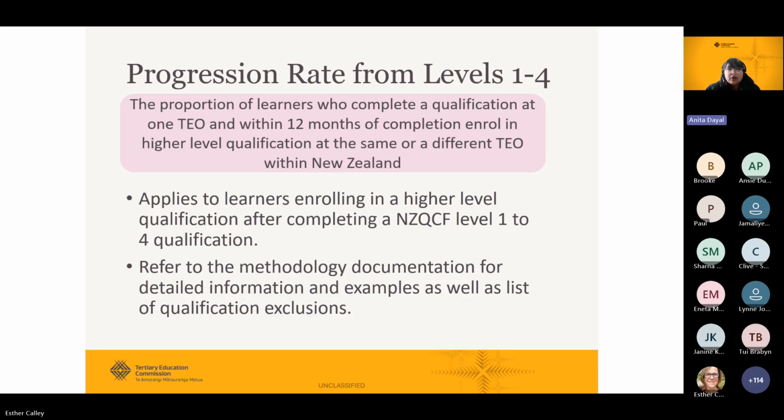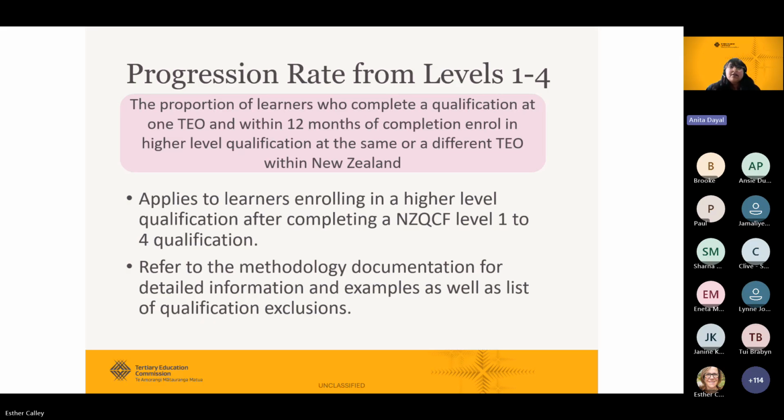The learner must enroll in a higher qualification within 12 months of the level 1 to 4 qualification completion. This measure shows how successfully learners progress to a higher level study and shows whether learners are moving up the qualification pathway rather than stopping at lower levels. It also helps assess how well lower level qualifications prepare learners for further study.